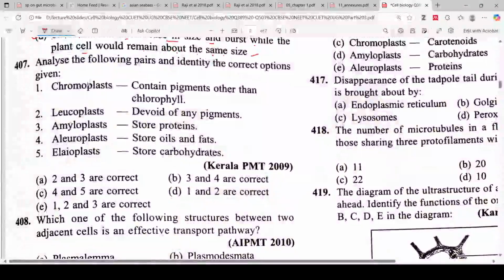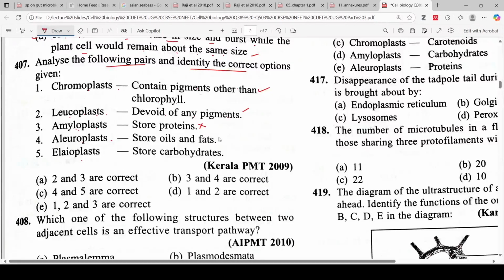Next question. Analyze the following pairs and identify the correct option given. Chromoplast, leucoplast, amyloplast, aleuroplast and elaioplast. Chromoplast contains pigments other than chlorophyll. Leucoplast is devoid of any pigment. These two are correct. Amyloplast stores protein, this is not correct.